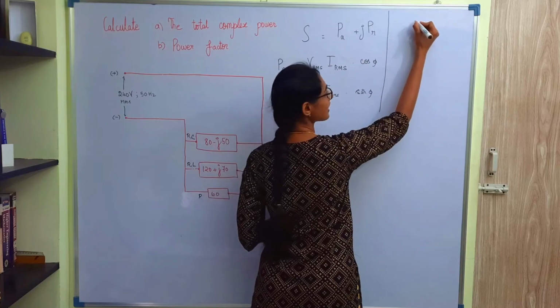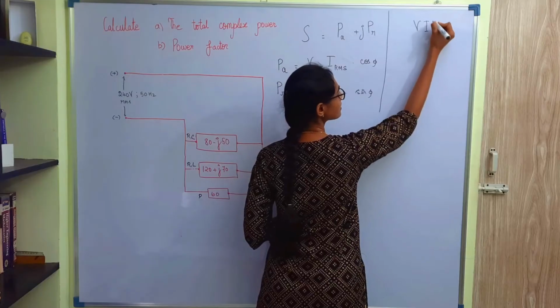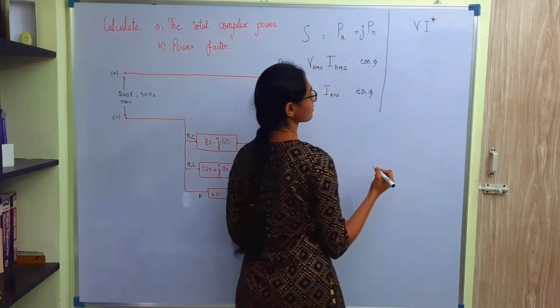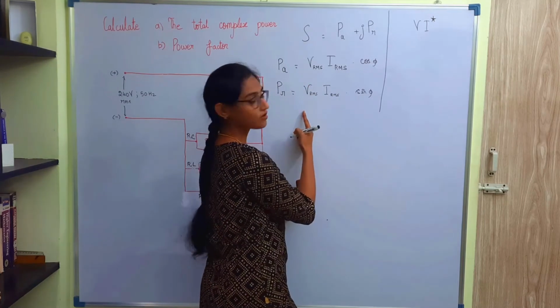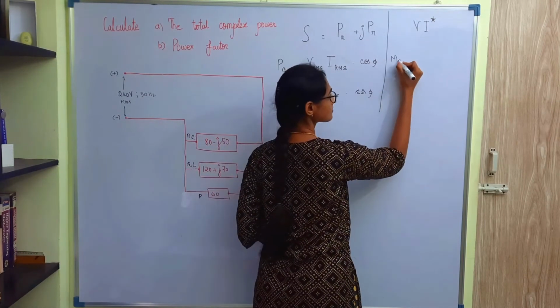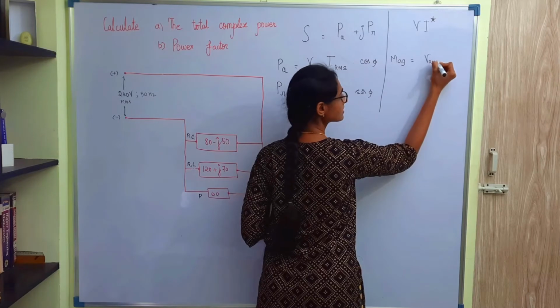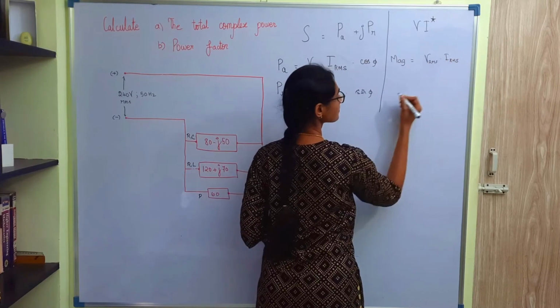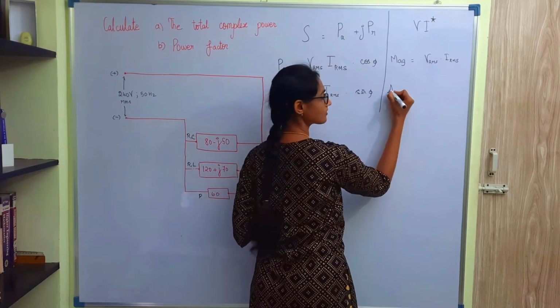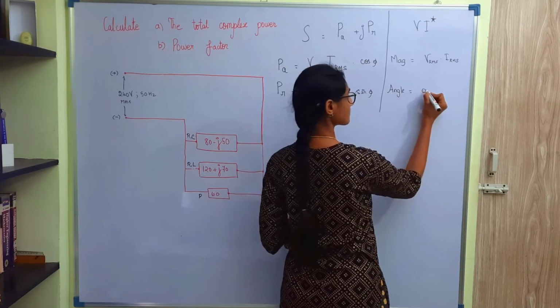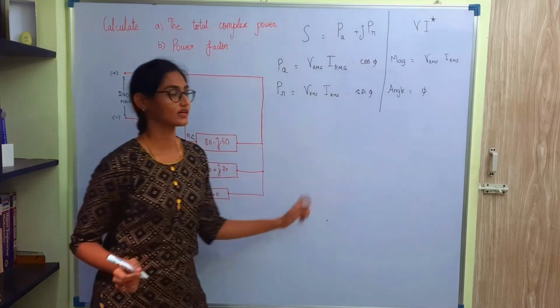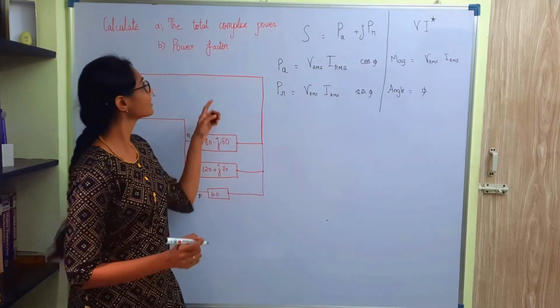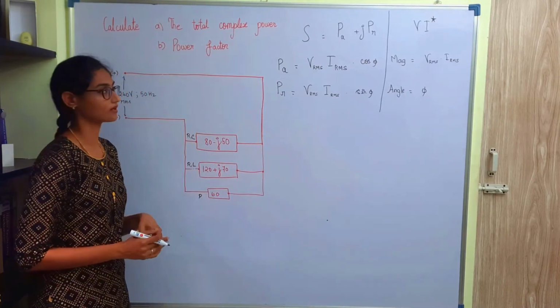It is denoted as voltage into the conjugate of the current, where the magnitude of this will be Vrms into Irms, and the angle will be phi.